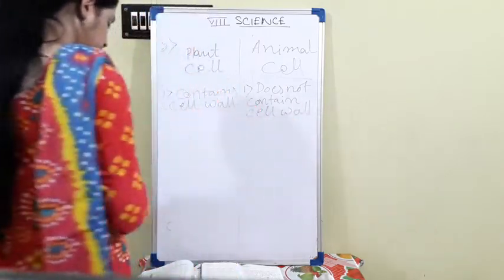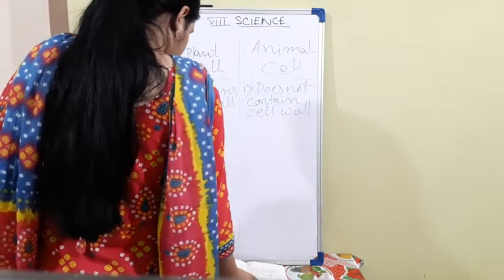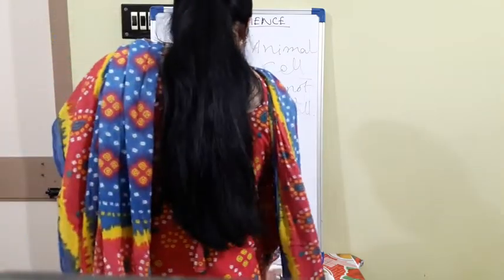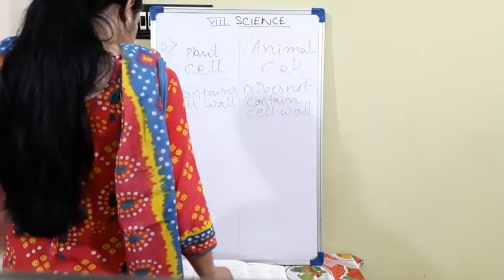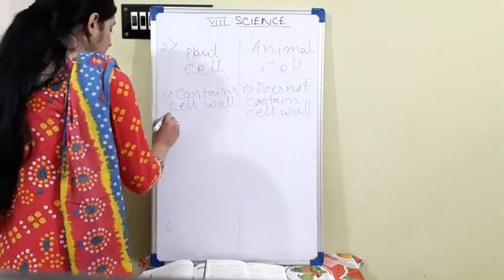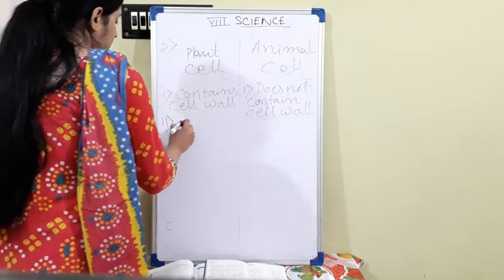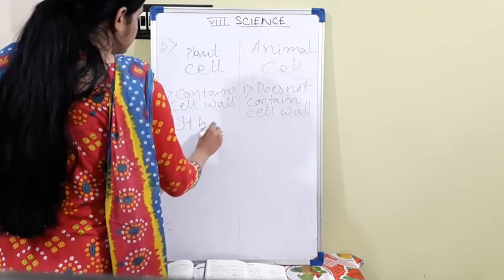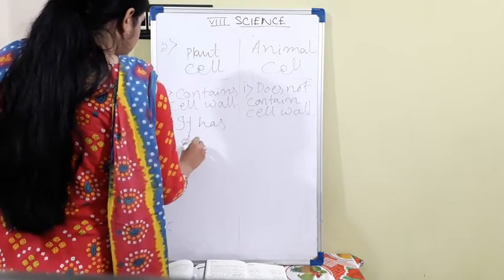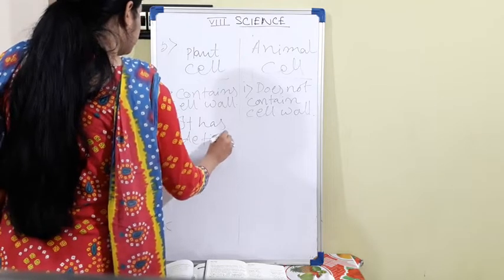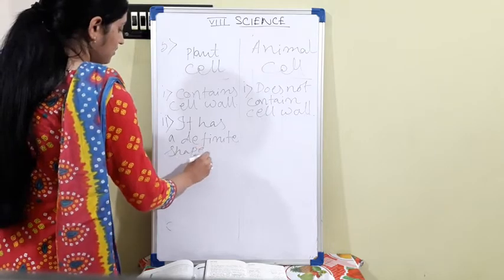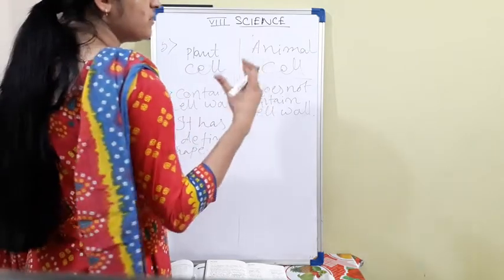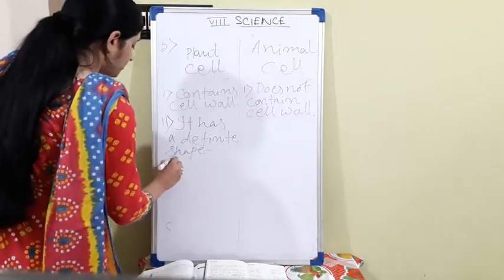Number 2, it has a definite shape. Plant cell has a definite shape. Most of them are rectangular, okay?